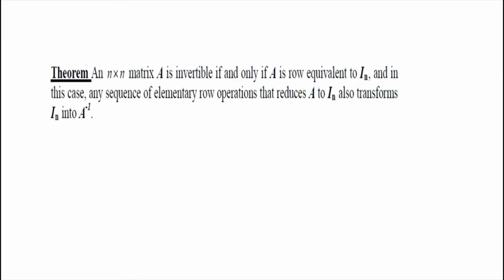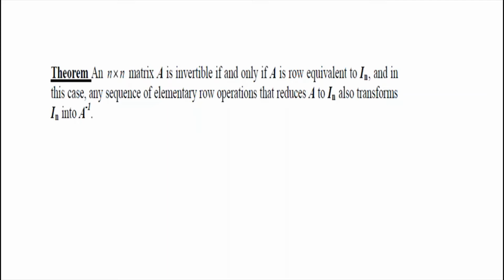An n cross n matrix A is invertible if and only if A is row equivalent to In, and in this case any sequence of elementary row operations that reduces A to In also transforms In into A inverse.